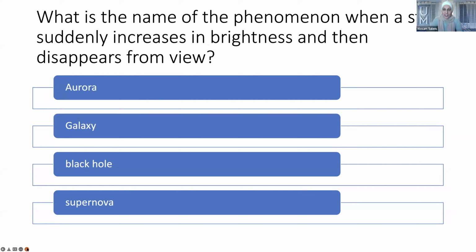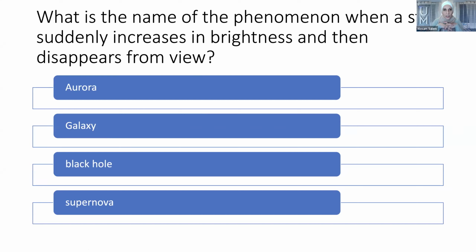Some of the challenges. Share with us what you have encountered when you did this question. Anyone? Let's work the question. A star that suddenly increases in brightness and then disappears from view.